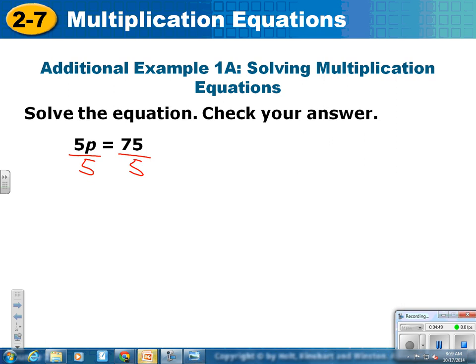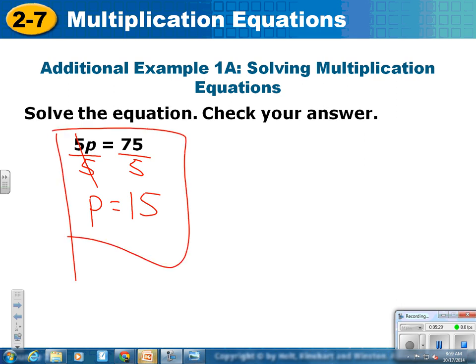So now we have 5p divided by 5, and we have 75 divided by 5. 5p divided by 5 cancels those 5s out and we're left with p all by itself equals 75 divided by 5. Well, 5 goes into 7 one time. You're left with 2. So you got a 2, 5, which is 25, 15. Okay? All of it, whole thing, all of it on your homework.